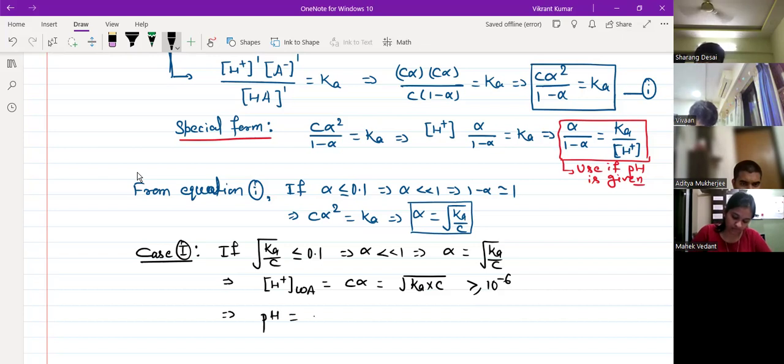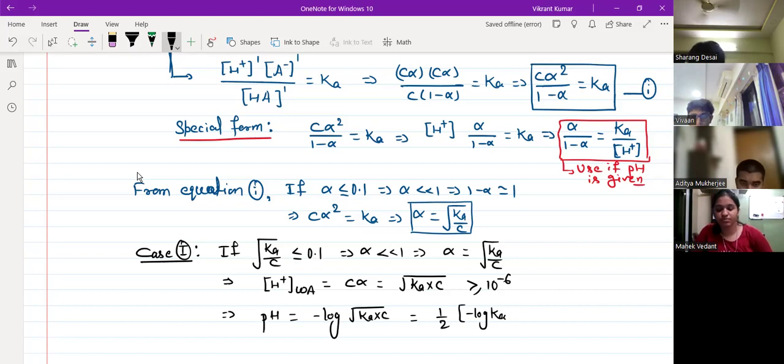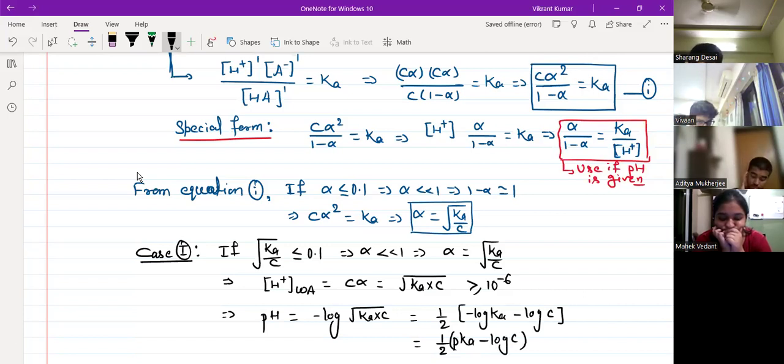So pH is minus log of under root K into C, and that will give you, look, if I take the half outside, half into minus log of K and then minus log of C. Now minus log of K we can write as pK, and I put it in brackets, half into pK minus log C, that will become the formula.